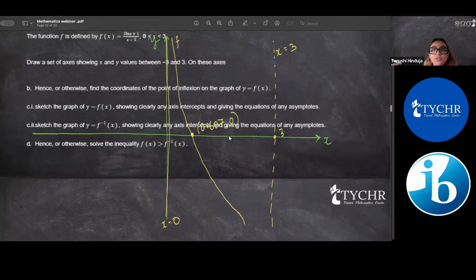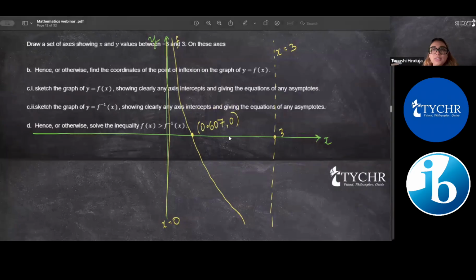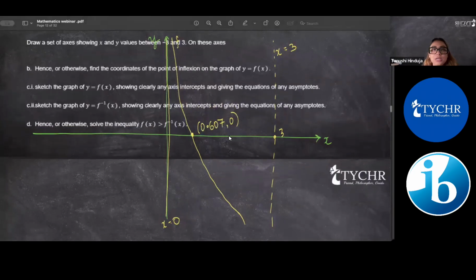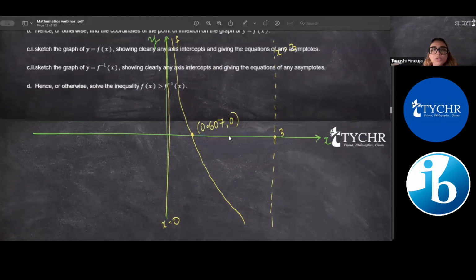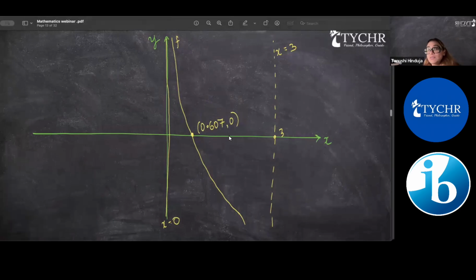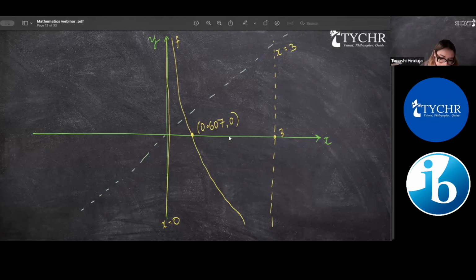I think they're asking for the graph of f inverse x as well, so in the same set, we can draw that. You don't need the GDC for making the f inverse graph. All you have to do is reflect it in the y equals x line. If I reflect the graph, it would connect here.